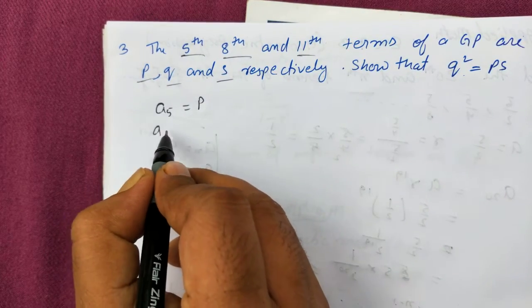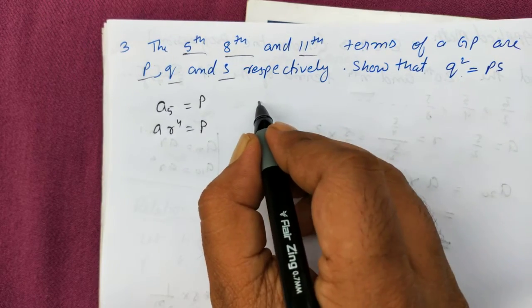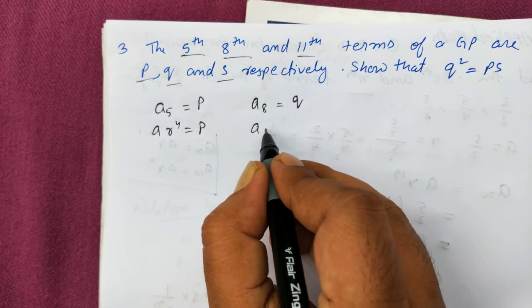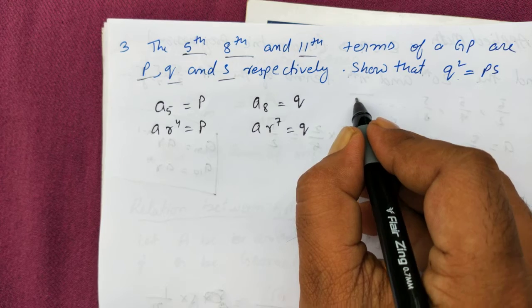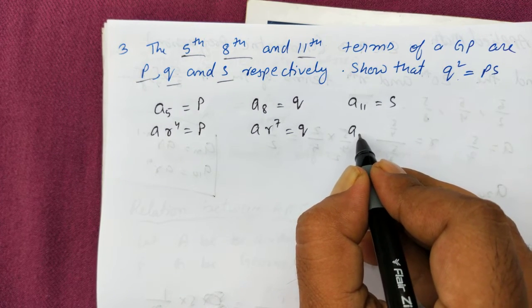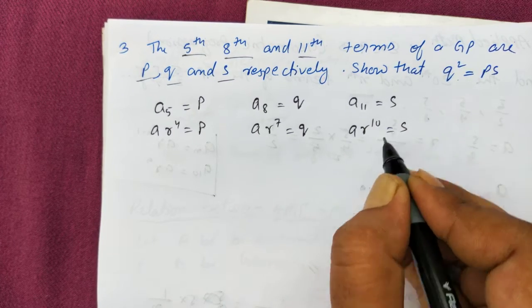That means A R power 4 is P. A8 is Q, that means A R power 7 is Q. And A11 is S, that means A R power 10 is S.